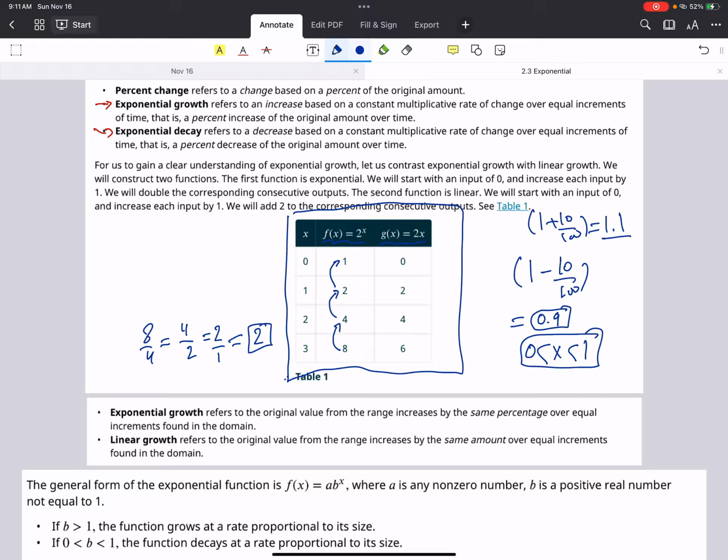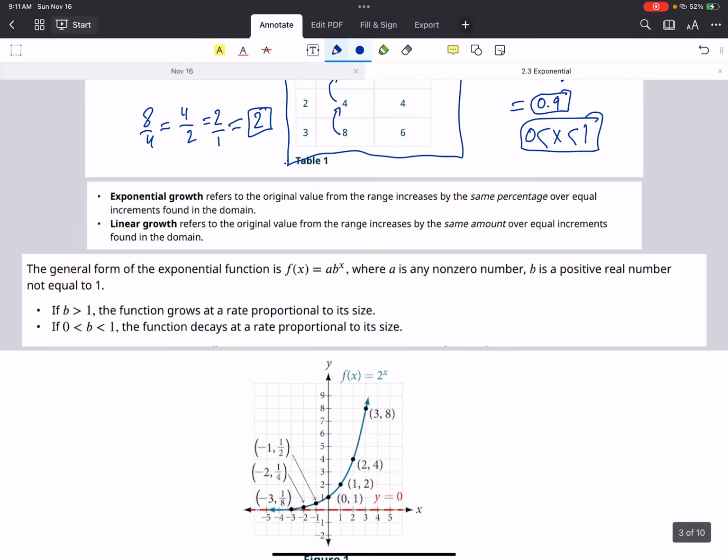And that's basically exponential growth, given that a is positive though. Anyways, moving on to b, which is greater than 1. It grows at a rate proportional to its size. B between 0 and 1 simply decays. And reminding you that a is positive.